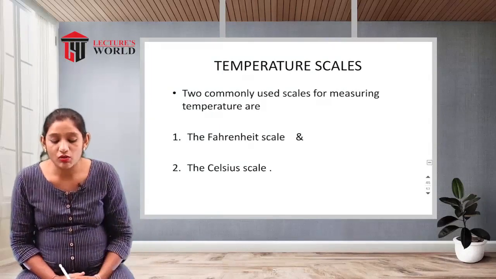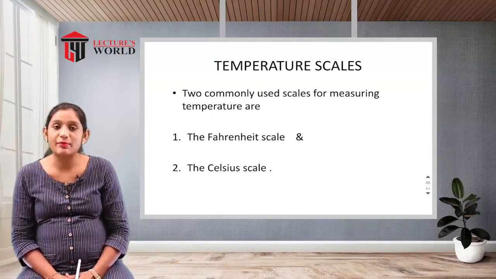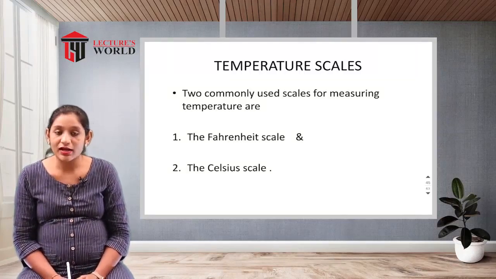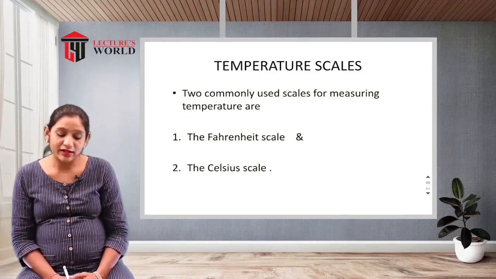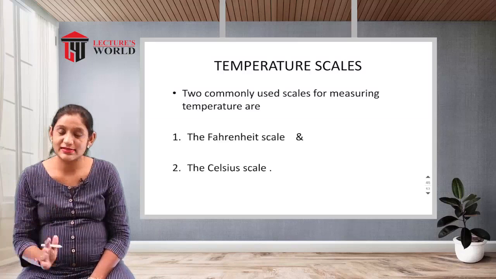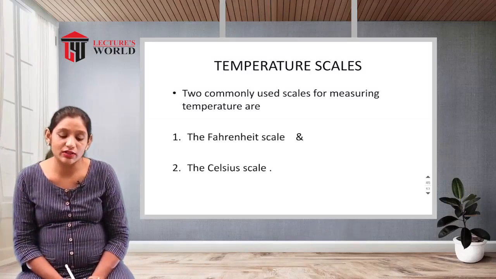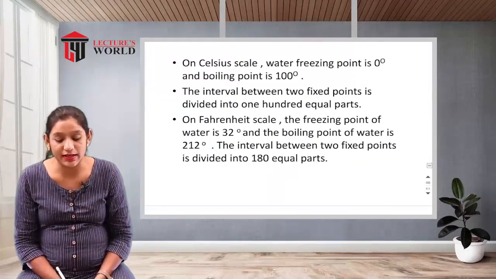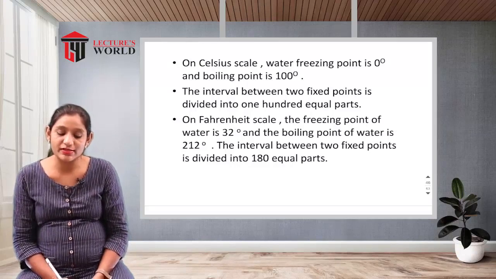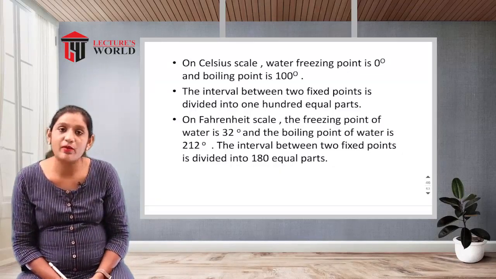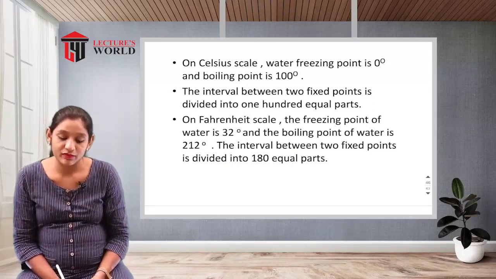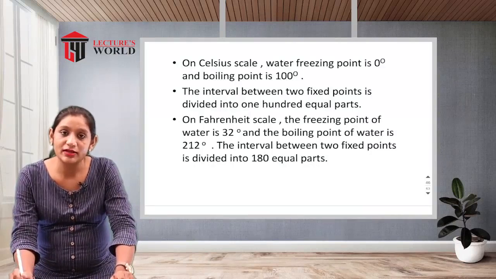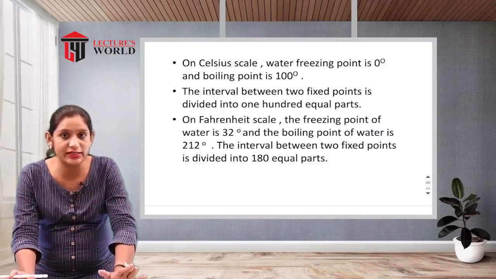Temperature scale. Two commonly used scales for measuring temperature are the Fahrenheit scale and the Celsius scale. On the Celsius scale, the freezing point of water is 0 degrees centigrade and the boiling point is 100 degrees centigrade.